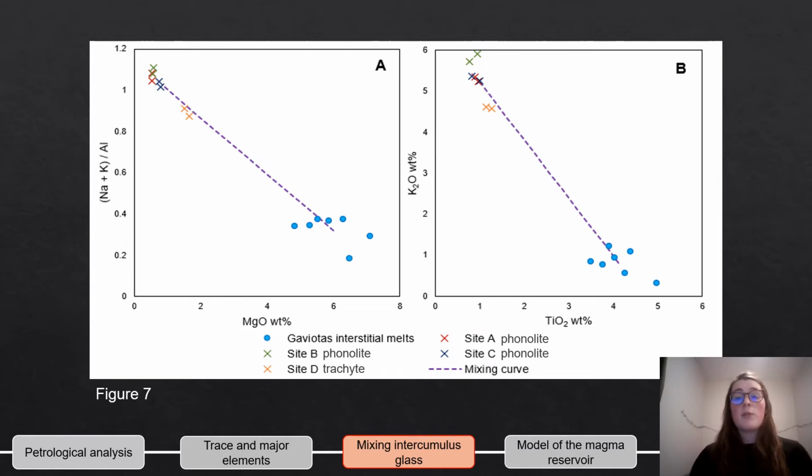A mixing line between the averages of the basanite and phonolite groups has been plotted, with all sites lying on or very close to the line, with Site D measurements plotting along the line towards the Gaviotas interstitial melts. As the Site D trachytes plot along a mixing line with the interstitial melts, they are therefore interpreted as the result of mixing of a phonolite and basanite composition.